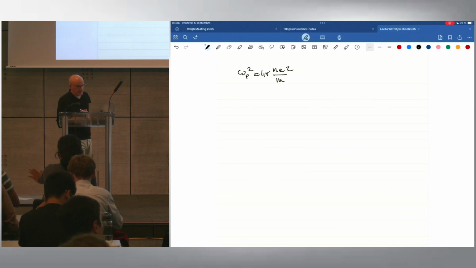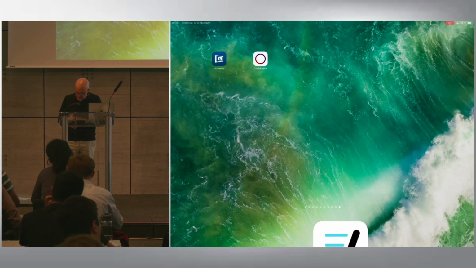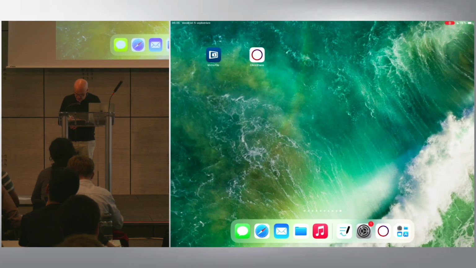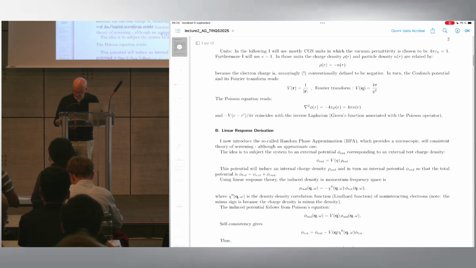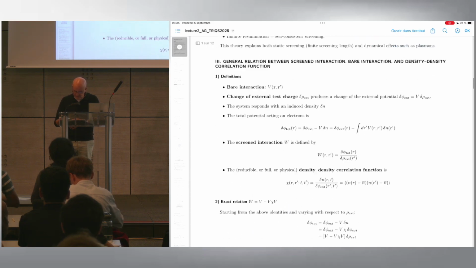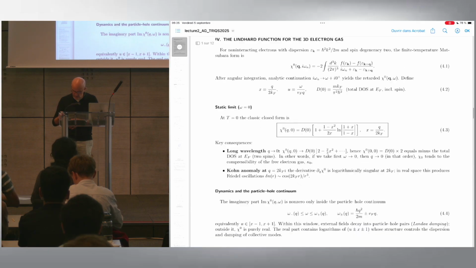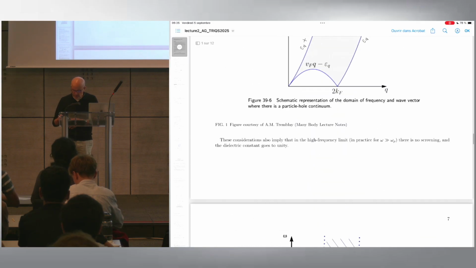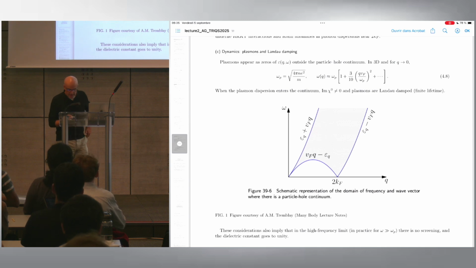And indeed it does, because if you compute the Lindhard function, so I'm going to try to show you a plot. If you compute the Lindhard function of an electron gas, and you open a good textbook, you will see that in the omega versus Q plane, the Lindhard function has the following structure.